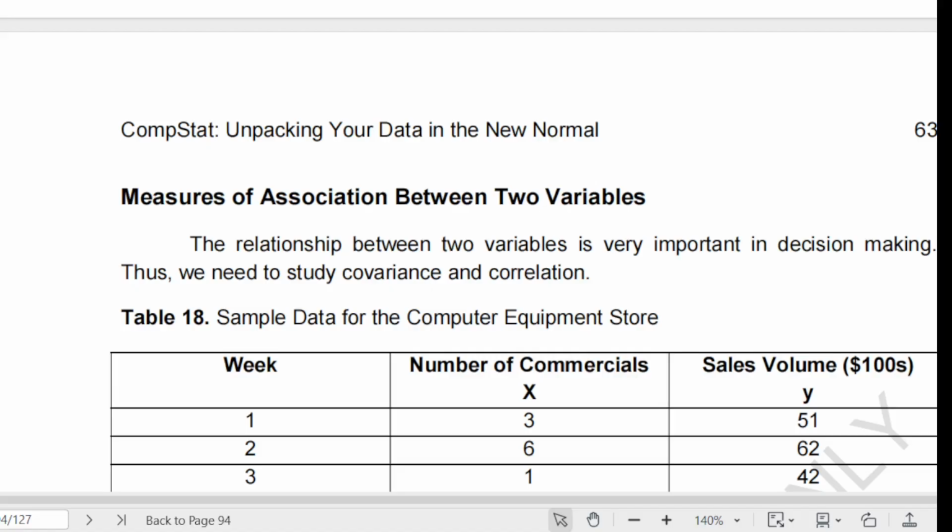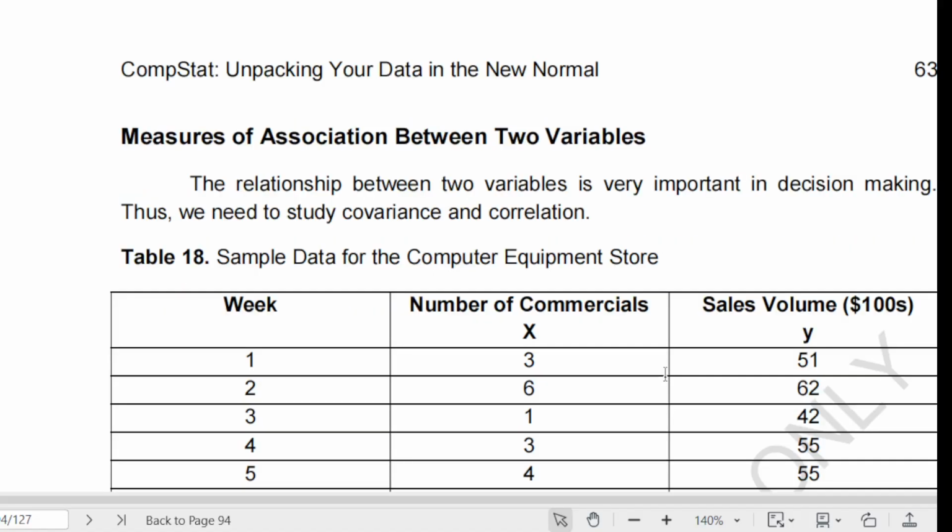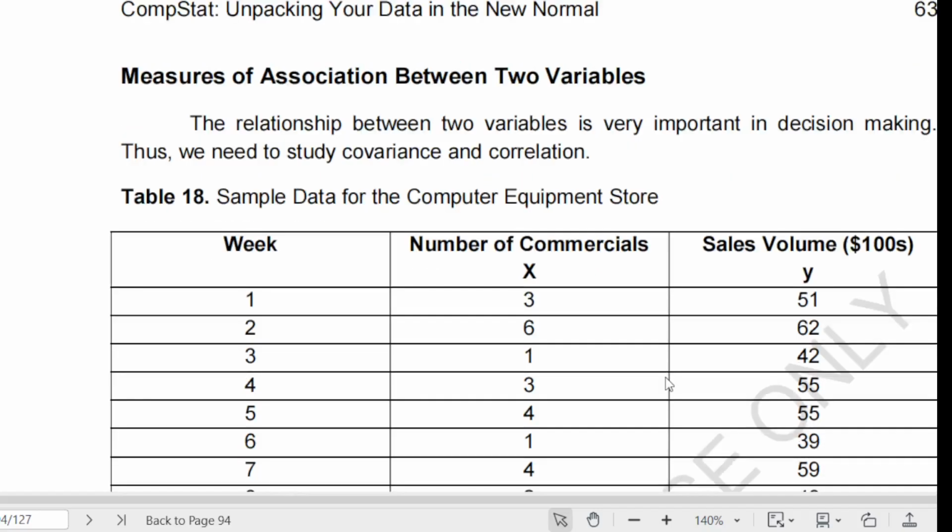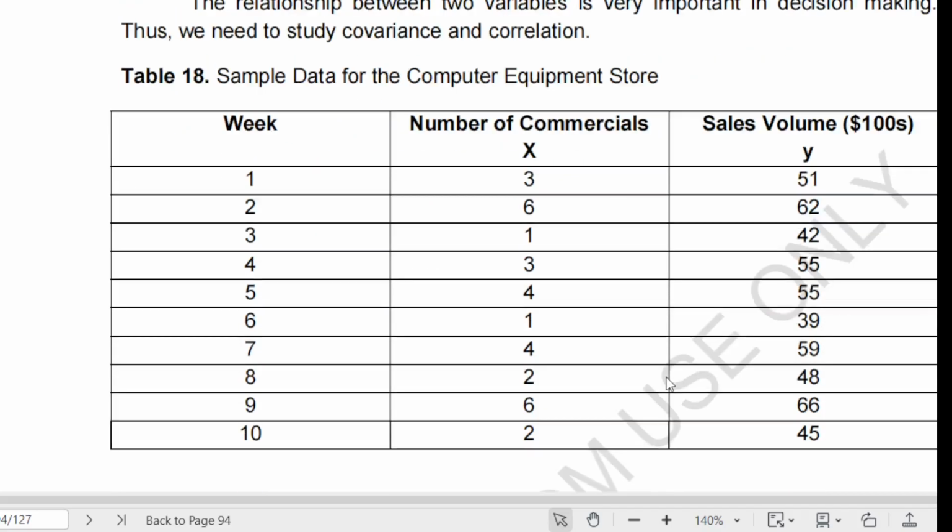This is the relationship of the number of commercials and the sales volume for every week. There are 10 weeks, week 1 to week 10, and we have the different number of commercials and also the sales volume.